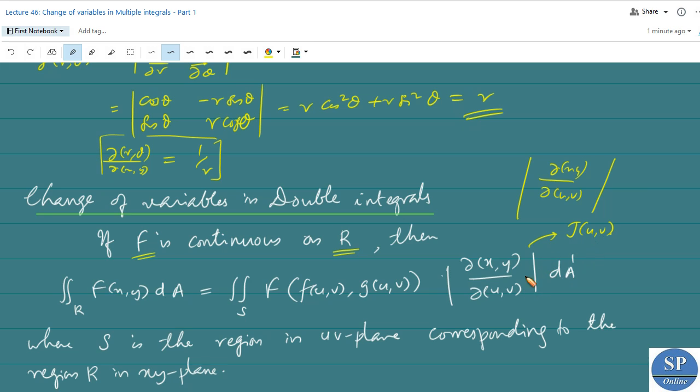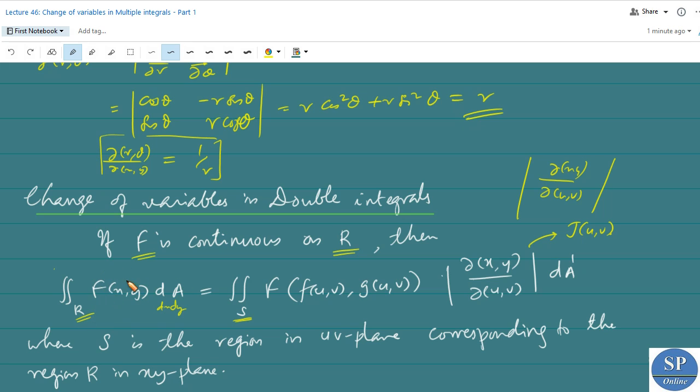Okay, that is J of (u, v) is nothing but the modulus of the Jacobian, dou of (x, y) divided by dou of (u, v), where S is the region in the uv plane corresponding to the region R, because dA is dx dy. So this is the integral of f of (x, y) over the region R.